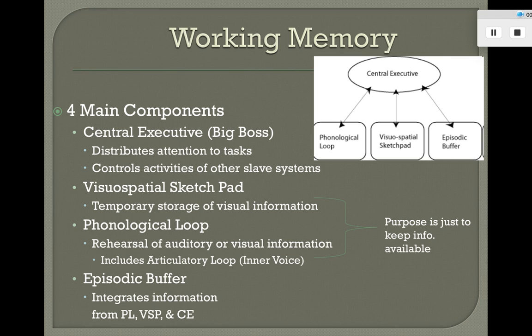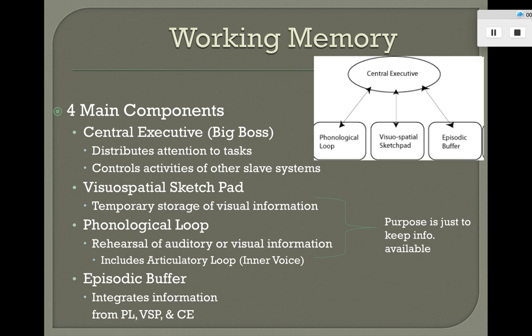Because the idea of continuous rehearsal and the continuous processing of visual information, in this particular case with the visual spatial sketchpad, in both cases with both of these systems, the purpose is to learn information, to transfer information from short-term memory into long-term memory. Now, the phonological loop also includes what's called the articulatory loop, and the articulatory loop is essentially that inner voice that you have that you can continue to work on information even after the auditory stimulus is no longer present.